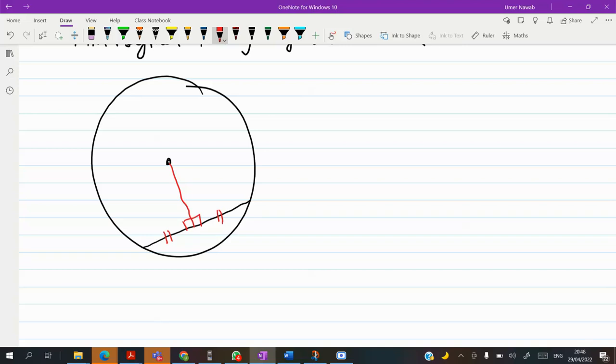So this property can be used in vice versa situation, that if a chord is cut by a line into two equal parts, then the line will be perpendicular to the chord. So this is A, this is X, and this is B, and this is C. So guys, AX is perpendicular to BC, implies that BX is equal to CX. So this is a very, very important property.